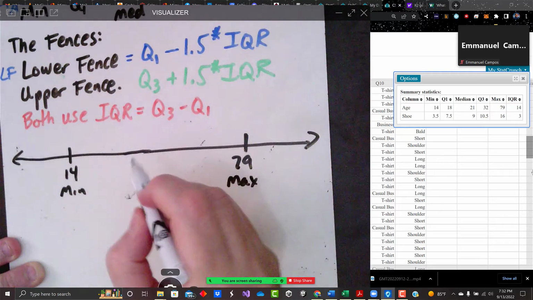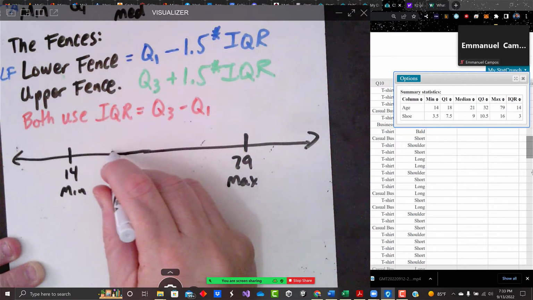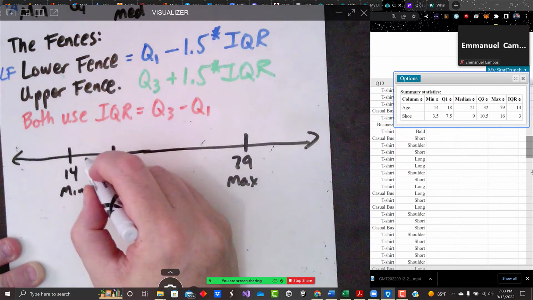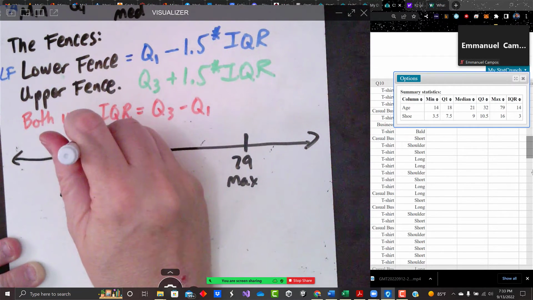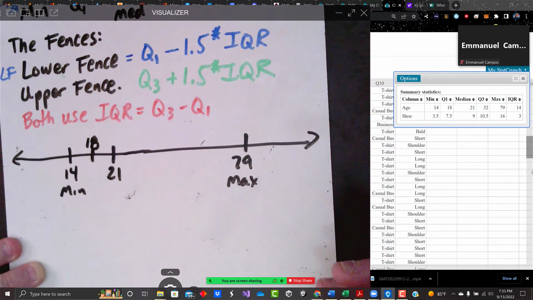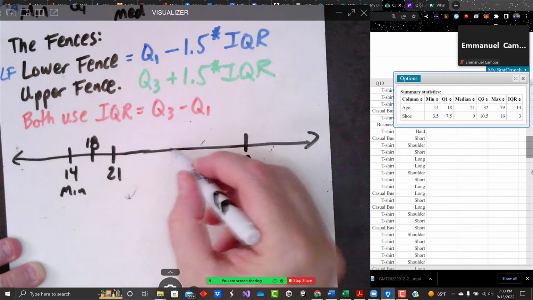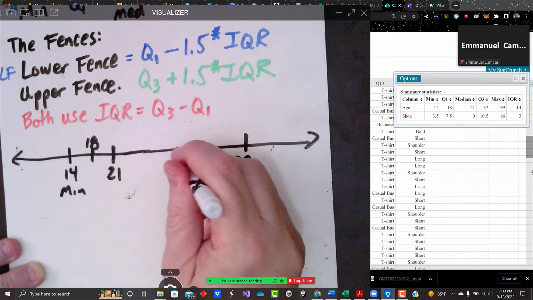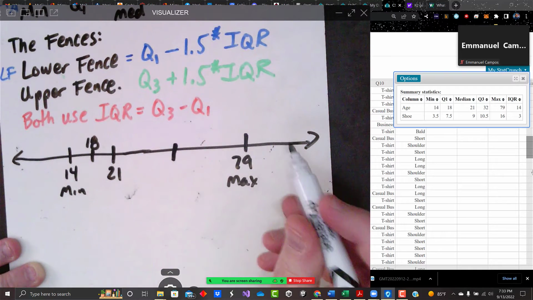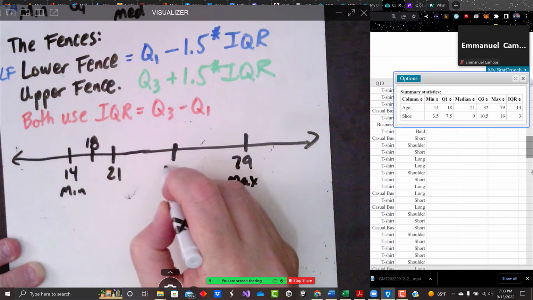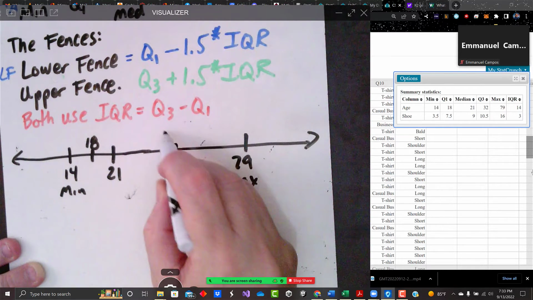The median is at 21, which is really close to 14, right? Q1 is at 18. And Q3 is at 32, which is 11 away from 21. 14 is 7 away. Q3 is further away from the median than Q1 is.